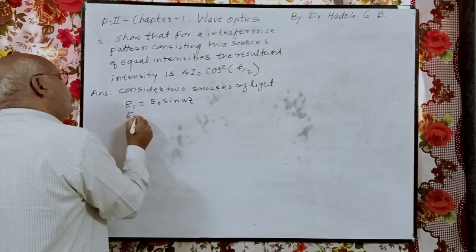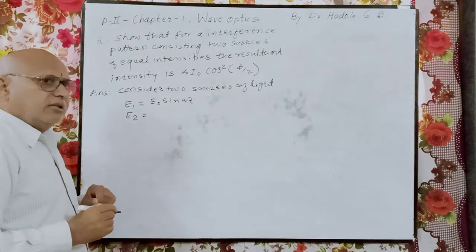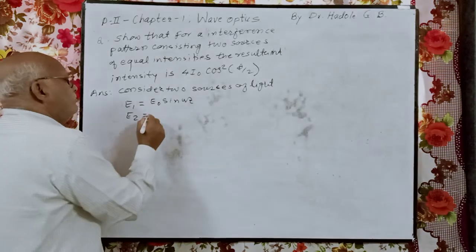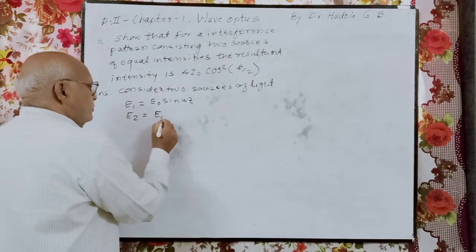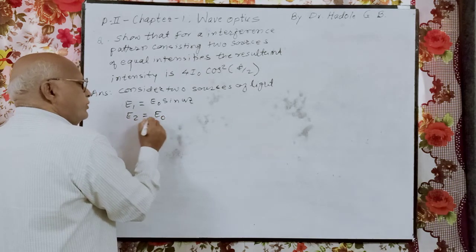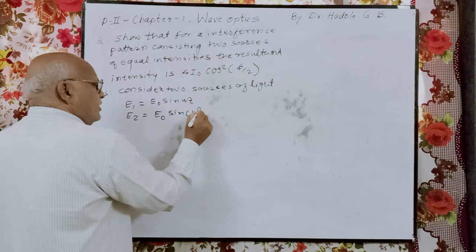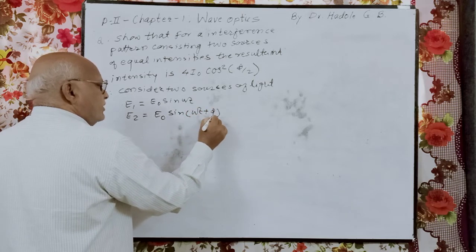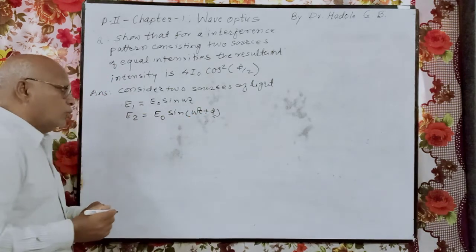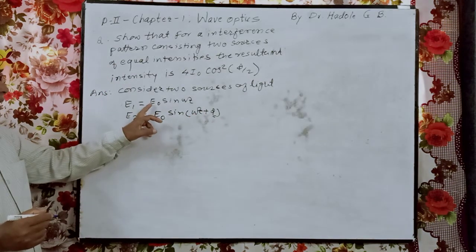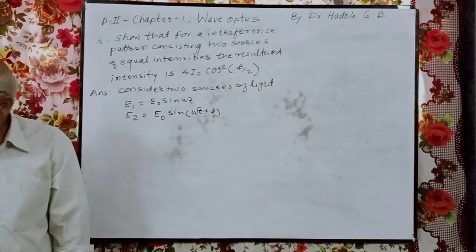Again, E2 is the equation of the wave emitting the light from the source S2, that is equal to E0 sine of omega t plus phi, where this phi is the initial phase angle between these two sources. Here the amplitude is E0.